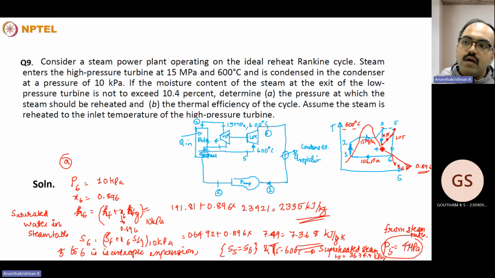If the entropy S3 is greater than the saturated entropy at the pressure of 4 megapascal, that means it should obviously be in the superheated region. And using the superheated part of the table, we calculate the enthalpy of state point 4 using this entropy as well as the pressure.